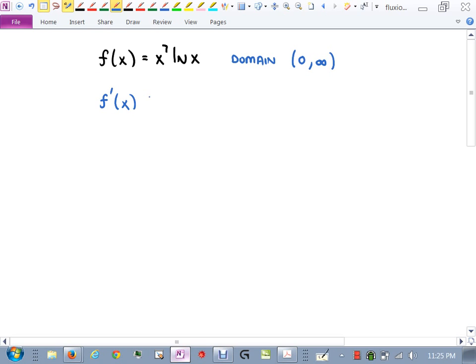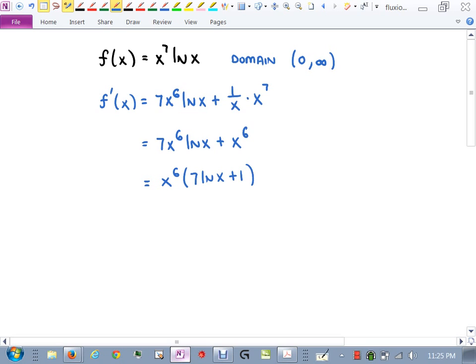Okay, now the derivative, product rule: 7x to the 6th times natural log x plus the derivative of natural log of x, which is 1 over x, times x to the 7th. This is 7x to the 6th natural log x plus x to the 6th. And I think I will factor out an x to the 6th and then put 7 natural log x plus 1.